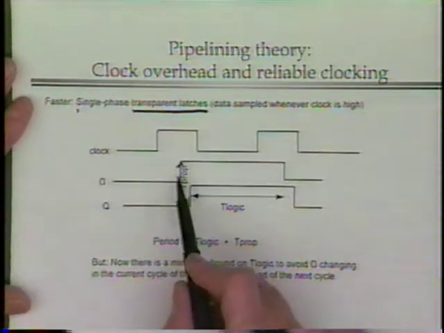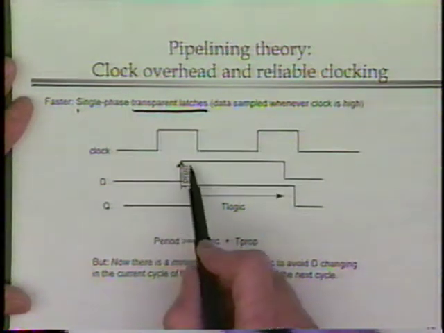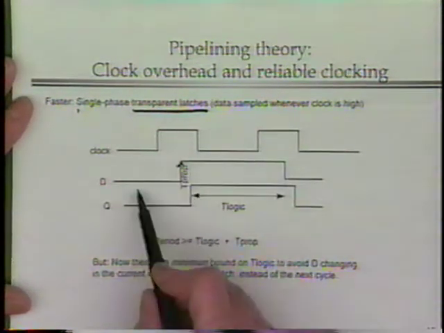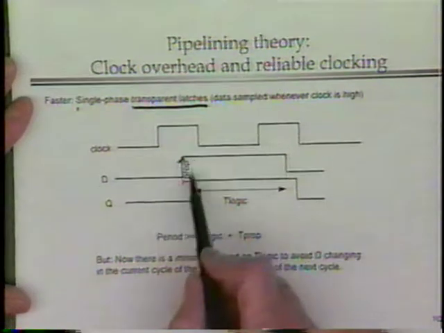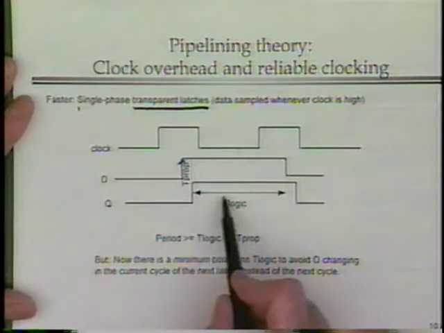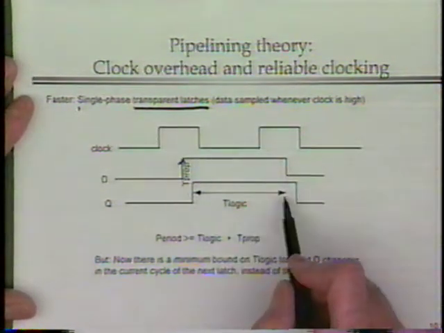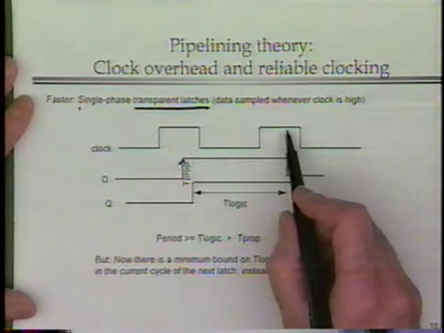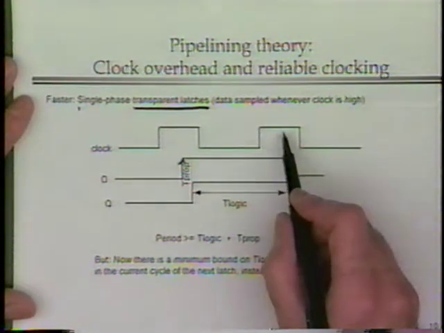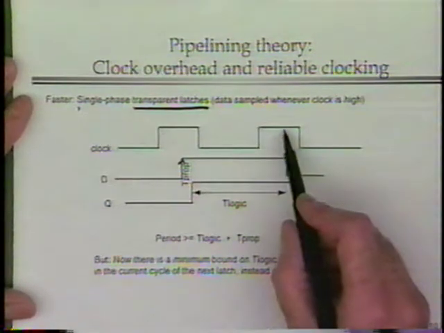Well, then we don't have to worry about clock skew because we're away from the edge. All we have to worry about is how long the propagation delay is through that latch from the time the D input arrives to the time the Q output changes. Then we have the delay through the logic. And if that is such that the clock on for the next cycle is high, we don't have to again worry about setup and hold times with respect to the clock edge.